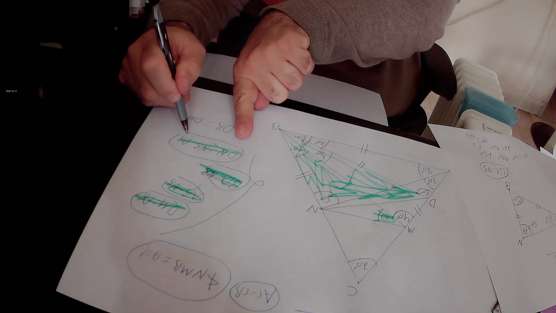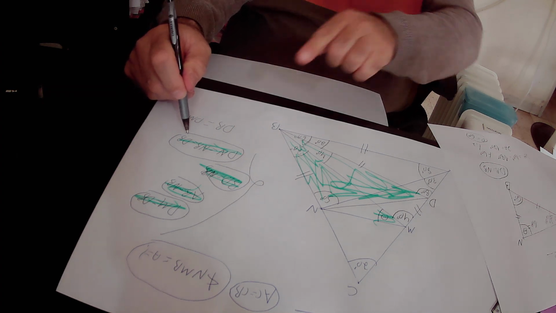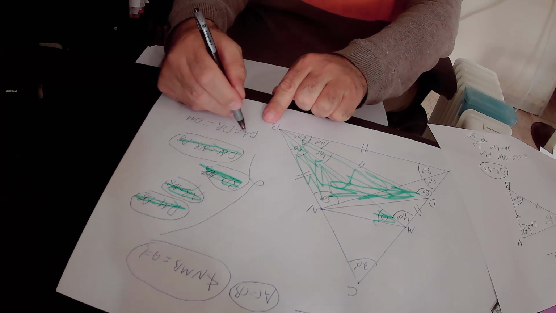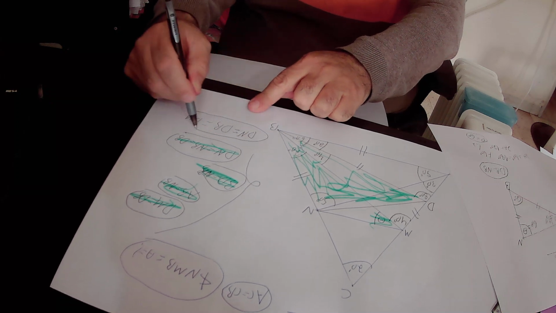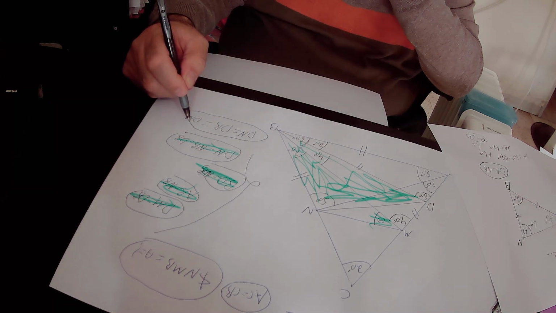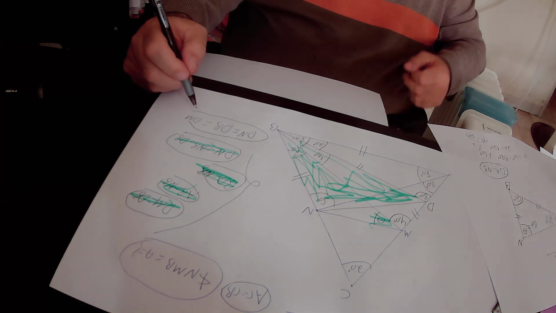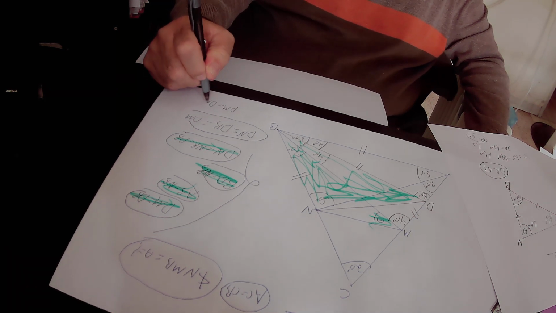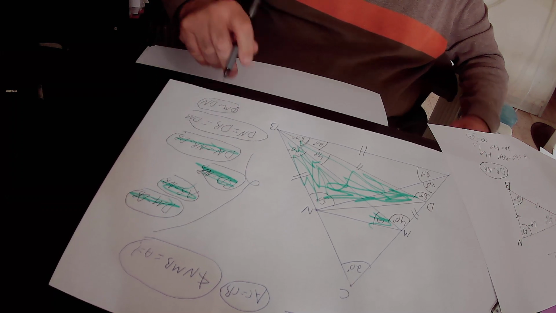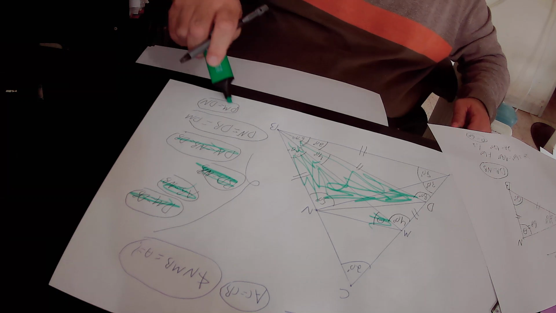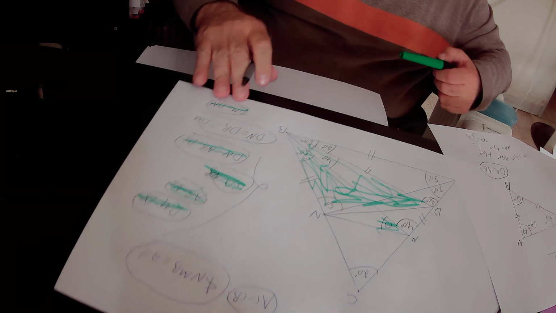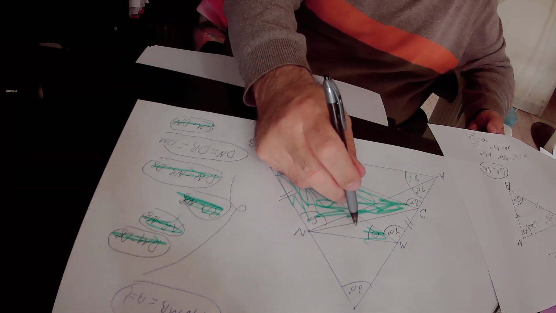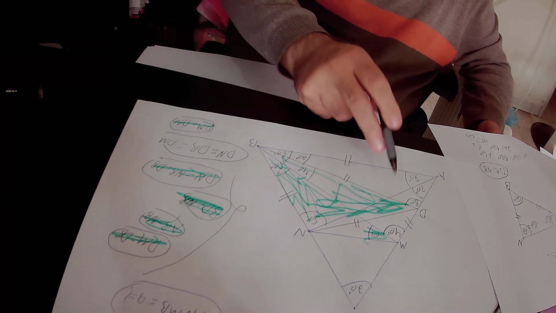From here we can derive that DM equals DN. So we found out that DM equals DN.